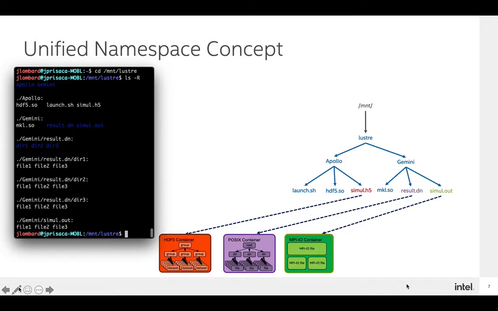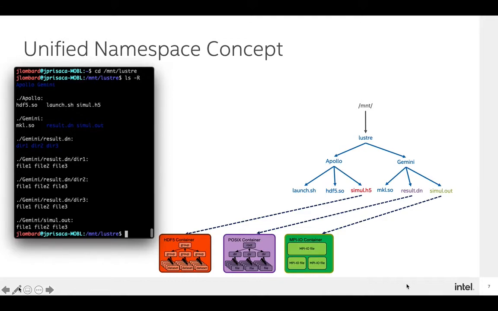What is interesting is that, for instance, if you want to launch an HDF5 application, you will give it the path MNT Lustre Apollo simul.h5, and then the special DAOS VOL plugin is able to understand that this is pointing at the DAOS container, so it will use the DAOS VOL plugin to access it, and not go through the traditional POSIX VOL.